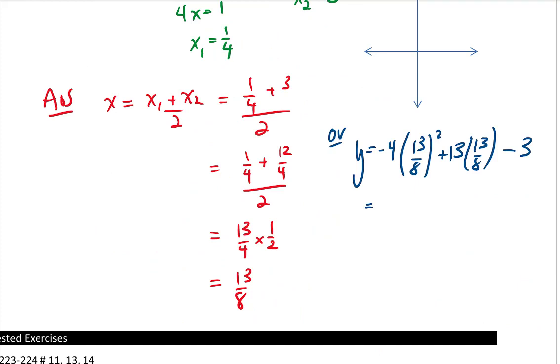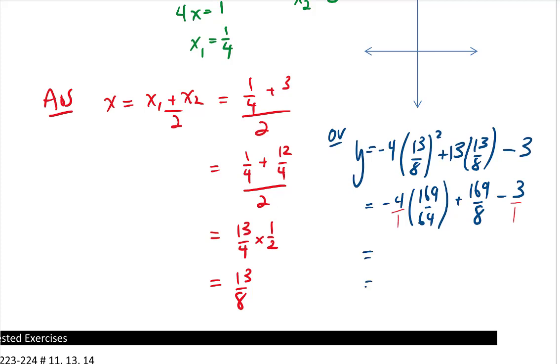The next step is to evaluate this y value. So we get negative 4, so that's 169 over 64. We square that, plus 169 over 8 minus 3. But remember, this is 4 over 1, this is 3 over 1.